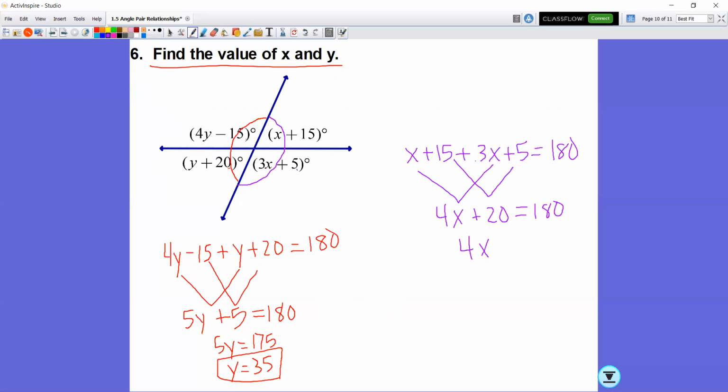Subtract 20 and I get 4x equals 160. And we're so close to the finish line, this is amazing. What does x equal? Forty. 40. Perfect.